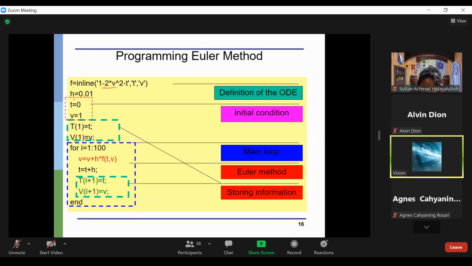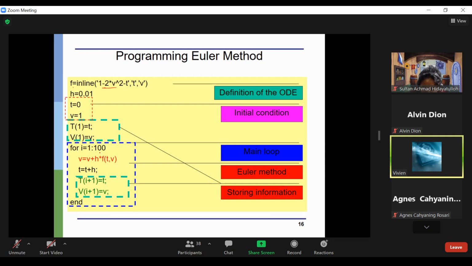Then we define the step size, which is 0.01. Then we have the initial condition, at t0 the velocity is 1, for example. Then we store the information in arrays, capital T and phi, in which the first element of the array is filled with the initial value.